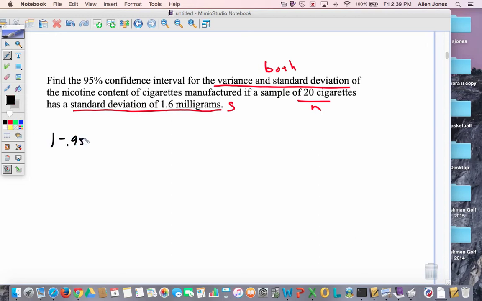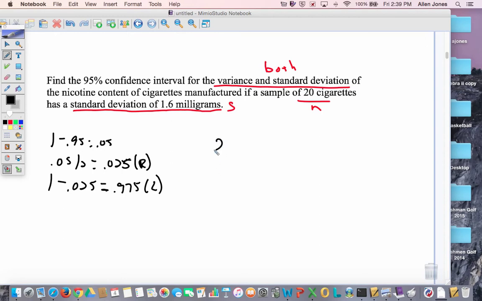Let's do our columns here first. So I'll do 1 minus 0.95 to get us 0.05. 0.05 divided by 2 gets me 0.025. There's my right-hand side. And 1 minus 0.025 is 0.975. There's our left-hand column. From there, our sample size is 20, so 20 minus 1.